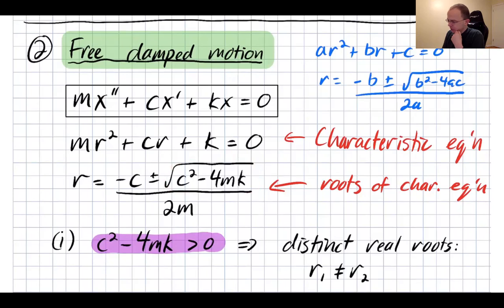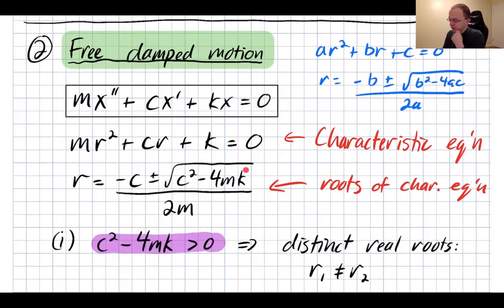If the thing we're taking the square root of is positive, then we get plus or minus some positive number, and that gives us two distinct roots. If the term under the square root is equal to 0, then we get plus or minus 0, and that gives us a repeated root.